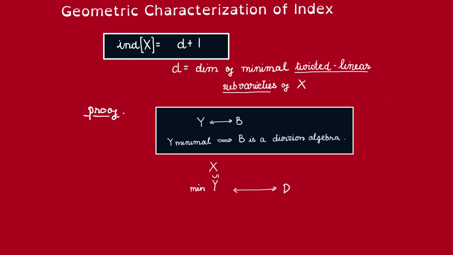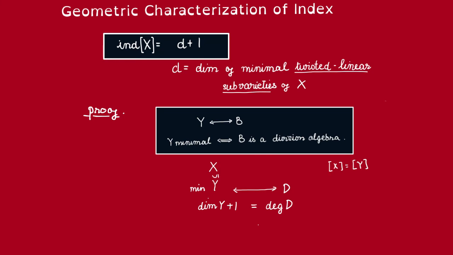So now let's come back to the proof. Let's say Y is a minimal twisted linear subvariety of X. Then by our lemma, we know that it must correspond to a division algebra D, and the degree of D is just going to be the dimension of Y plus 1. On the other hand, previously we know that the class of X must be equal to the class of Y in the Brauer group.